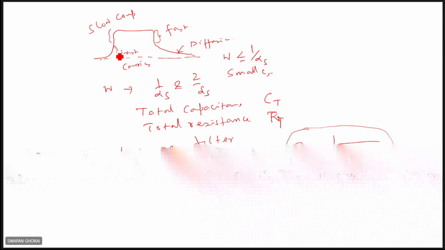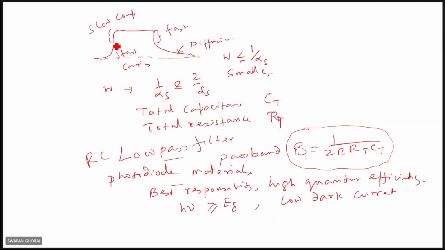If you see carefully, this portion is determined by the fast carriers, and this portion by the slow carriers. But during fall times, this portion is determined by the fast carriers and the drift carriers. The longer tail here is because of the diffusion carriers.